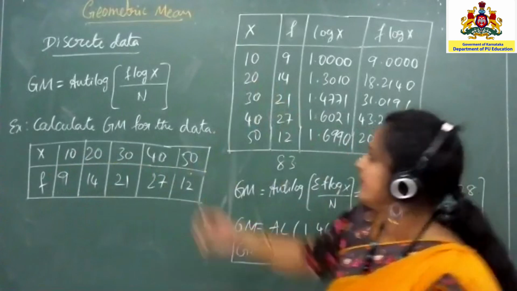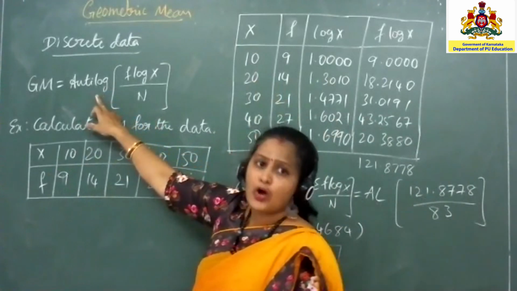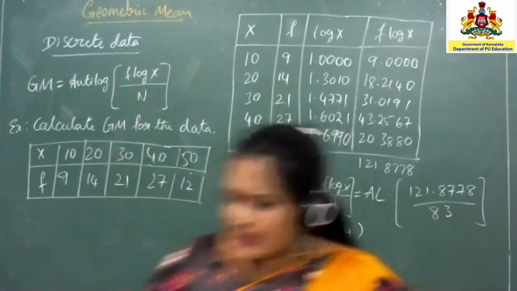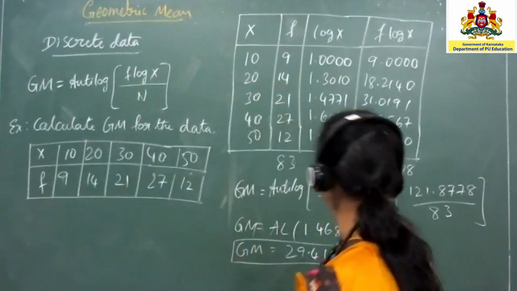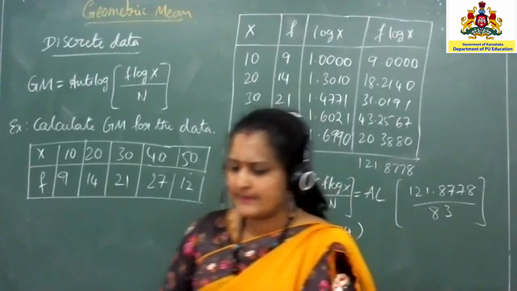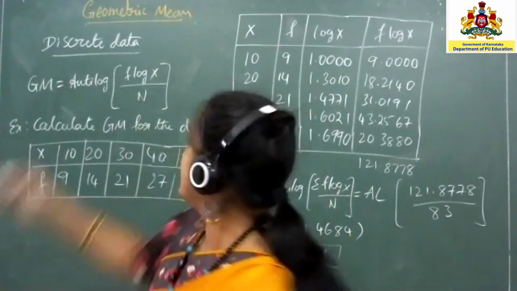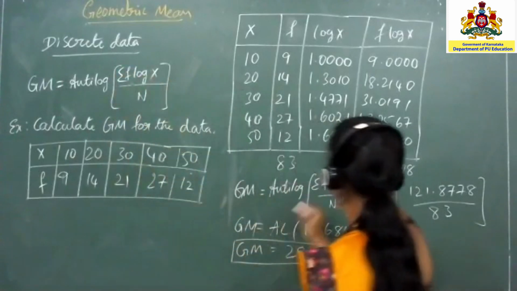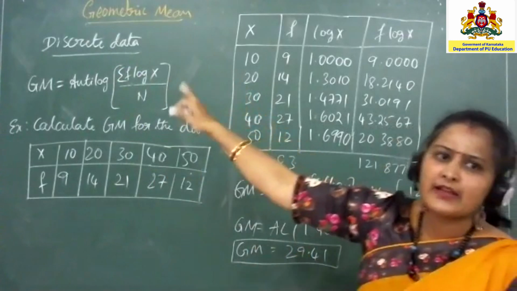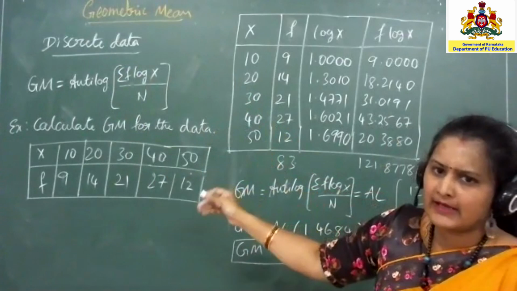The formula is geometric mean equal to antilog of summation f log x by capital N. So antilog of summation f log x by N, this is the formula.